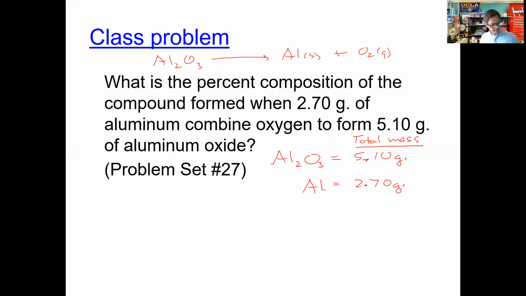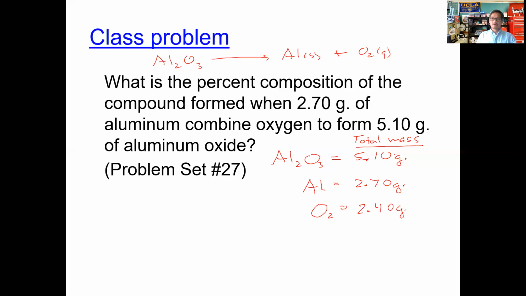I don't think the math should be too difficult for you. Hopefully, you can find the total mass of oxygen in this compound by just subtracting the two. 5.10 minus 2.70 gives us 2.40 grams of oxygen. Those are the masses that we will need to work with.